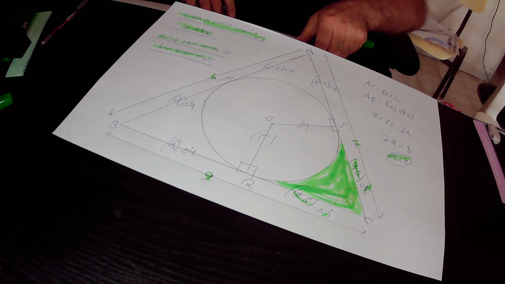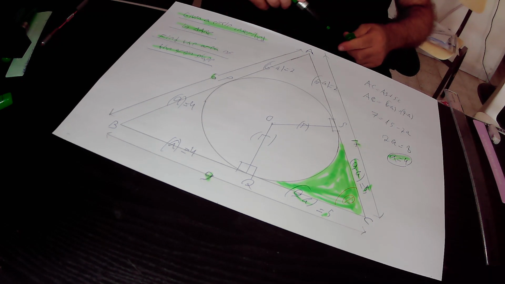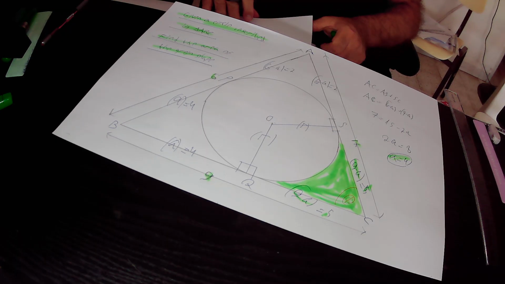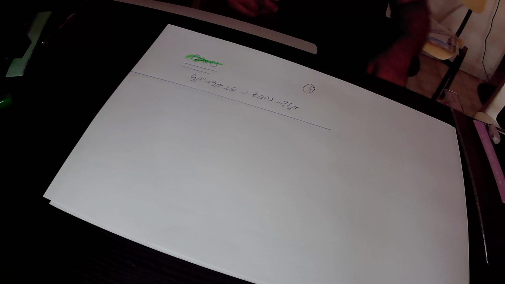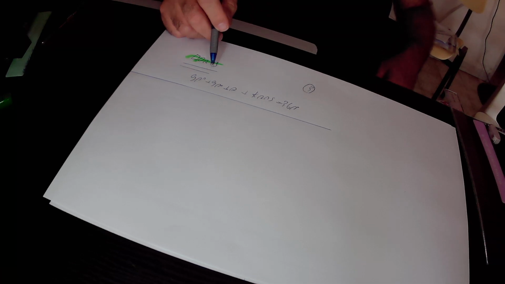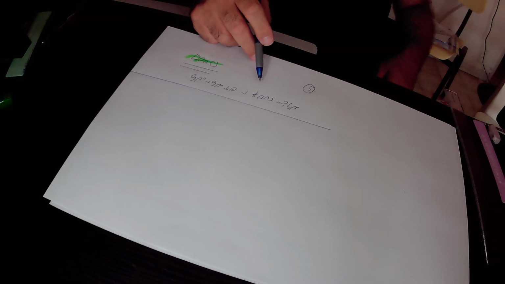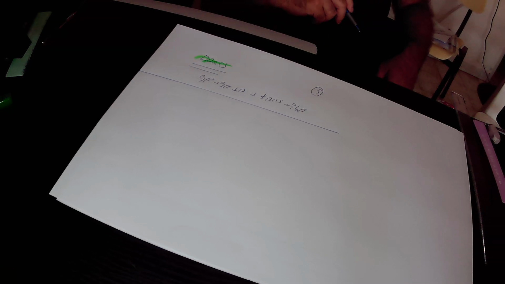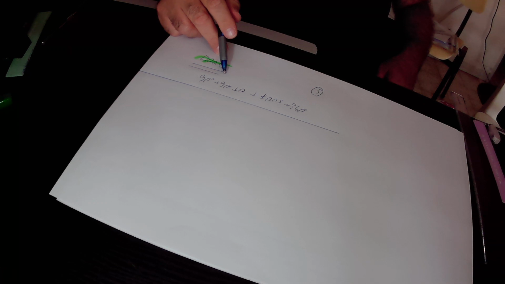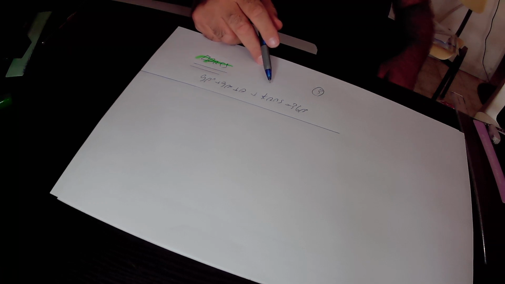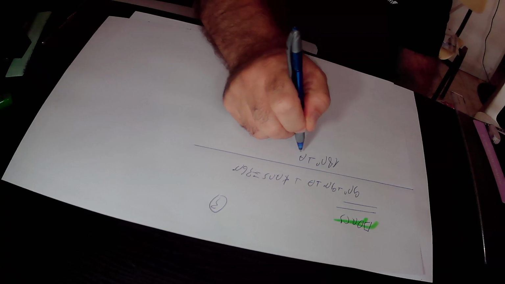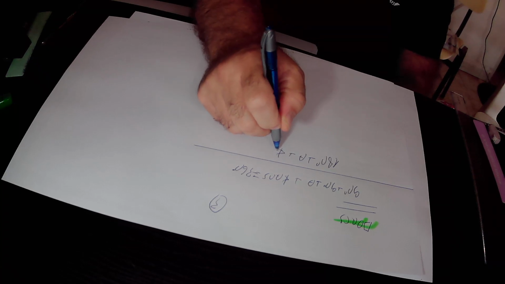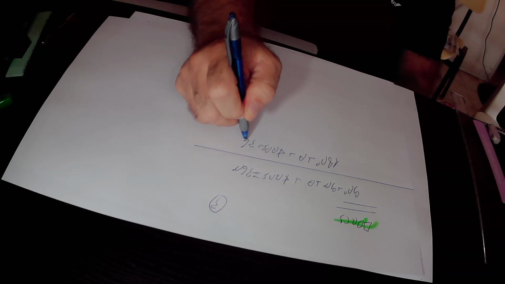And therefore, in quadrilateral OQCS we have four angles as follows: 90 degrees plus 90 degrees plus angle theta plus the missing angle QOS must be equal to 360 degrees according to the rule that I mentioned. 90 degrees plus 90 degrees is 180 degrees, so 180 degrees plus theta plus the missing angle QOS must be equal to 360 degrees.